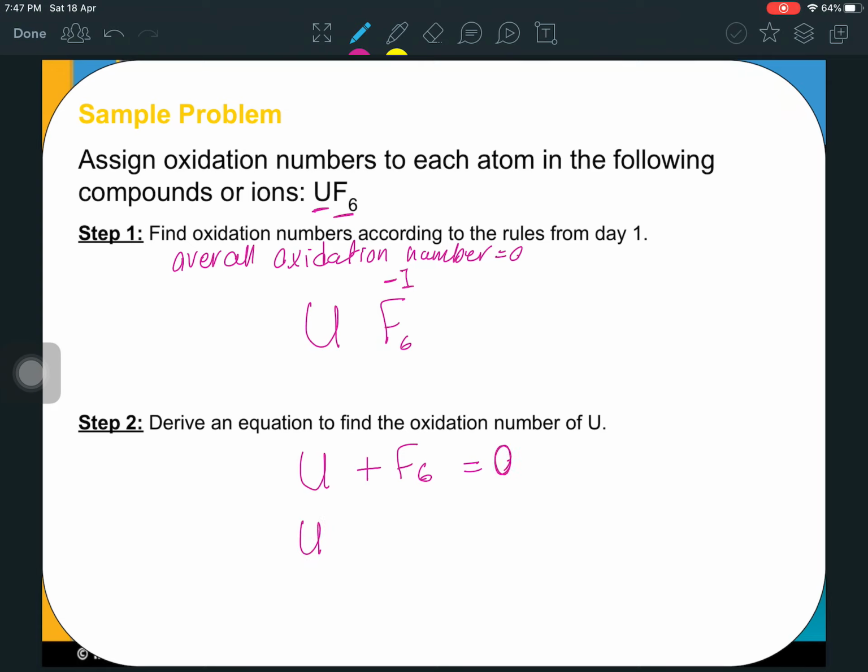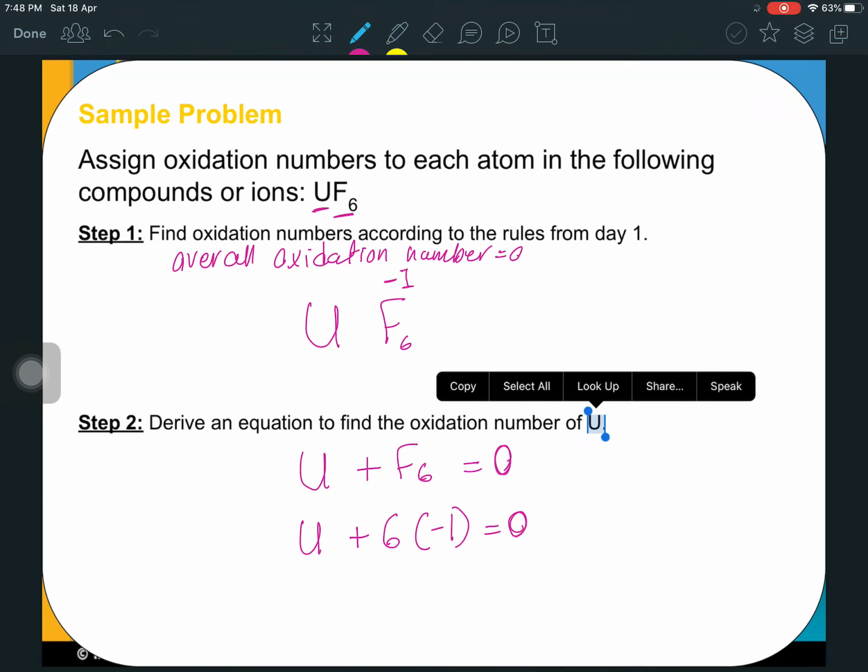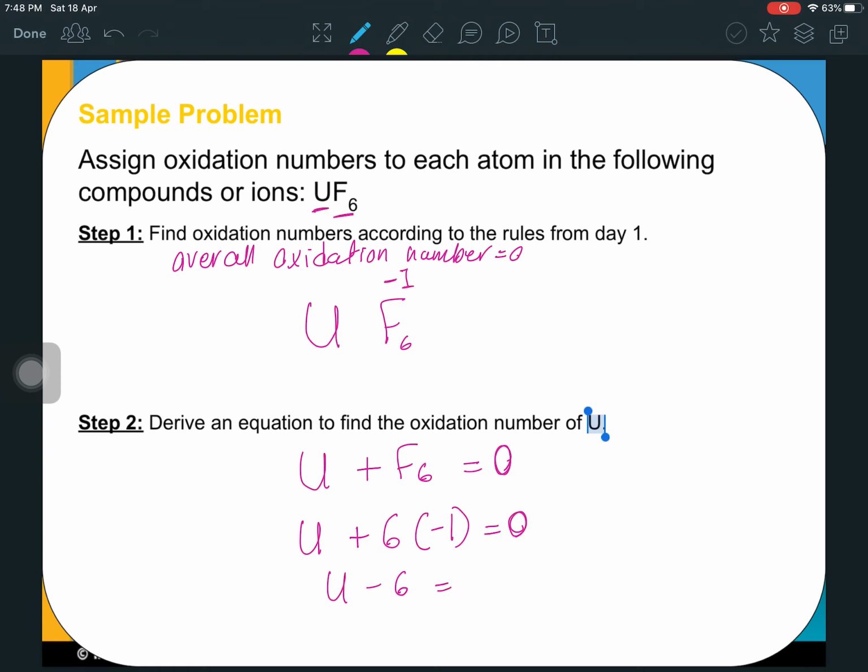So now uranium is an unknown, but we know that we have 6 charges of -1. This is because we have 6 fluorine atoms, right? Equal to 0. So now we've created our equation. We know that uranium plus 6 times -1, because we have 6 fluorines, is equal to 0. So U minus 6 equals 0.